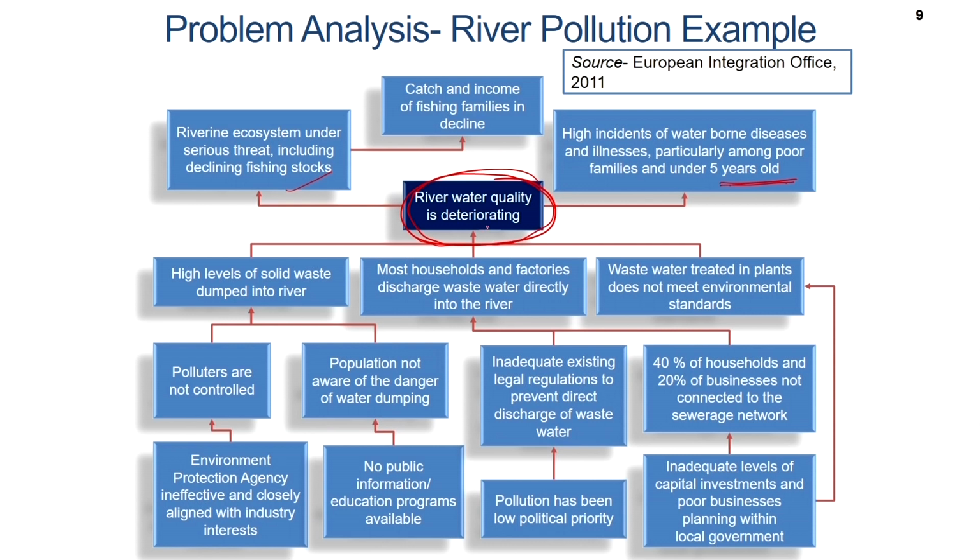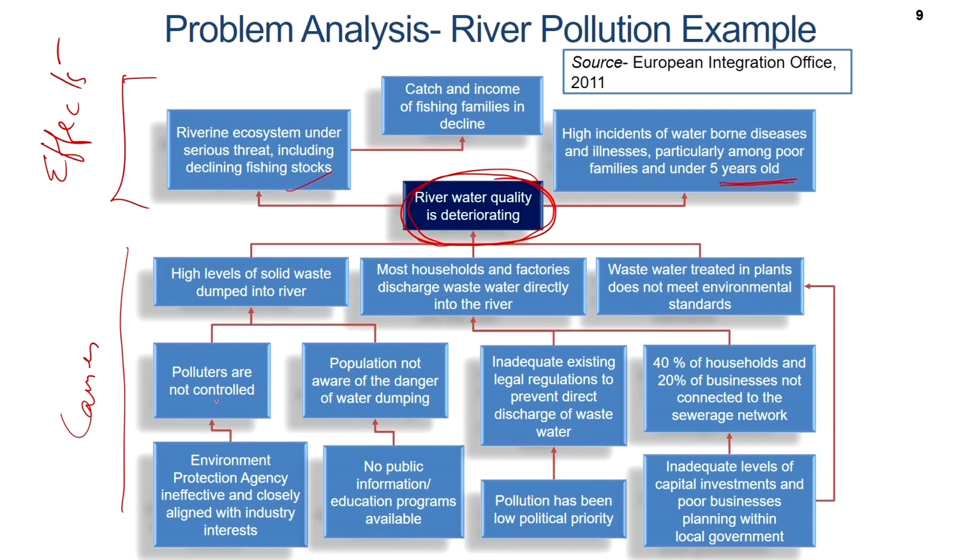Now, this is one part of the story. The other part of the story is what led to the river water quality deterioration in the first place. The first bit is the effects, but what led to this in the first place? These are the causes and these are the effects. In the causes, you have high levels of solid waste dumped into the river.